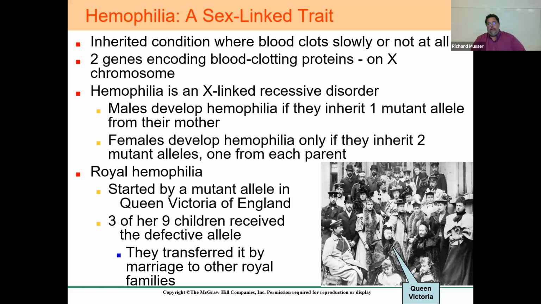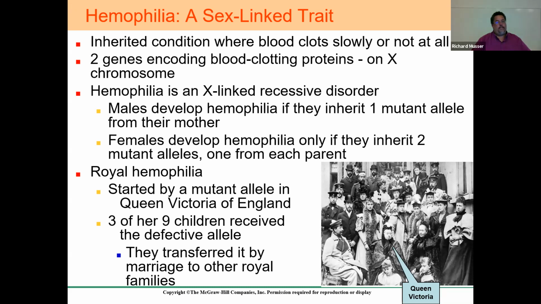Hemophilia is the inability to clot your blood properly and can cause you to bleed to death. So this was typical, or could happen, like for instance in England, where Queen Victoria had many children that had this defective allele.